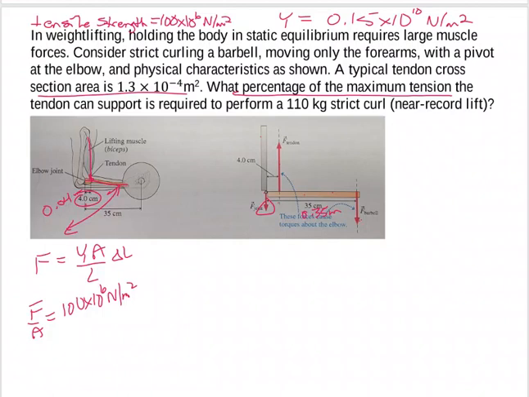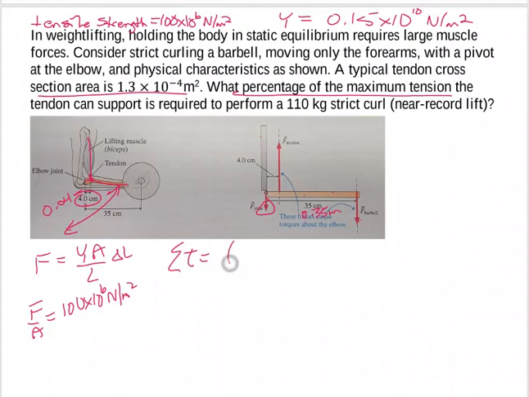Let's now set up a sum of the torques. Based on what we see here, we have our pivot. It's going to be positive, right, because the force is going down: the 110 kg strip curl times 9.8 times 0.35.